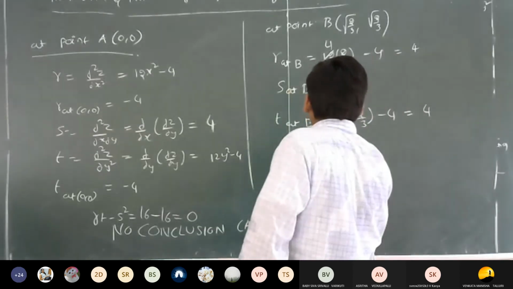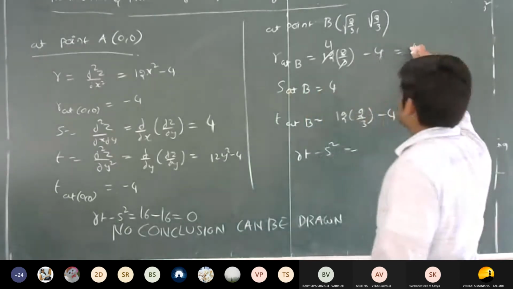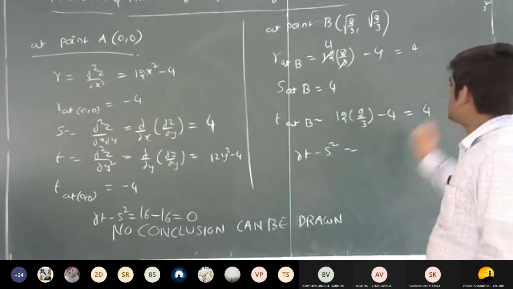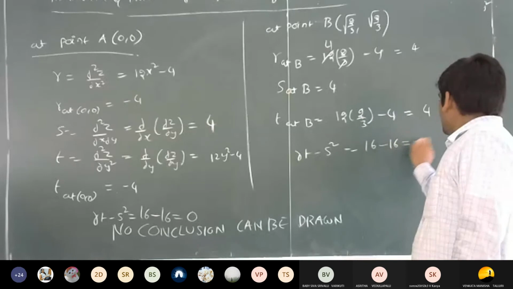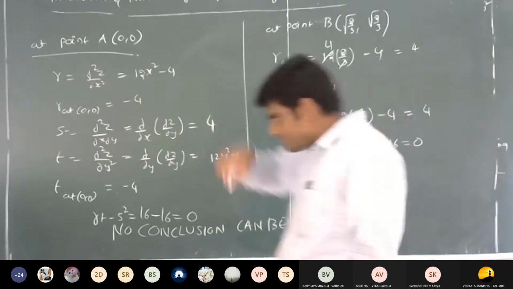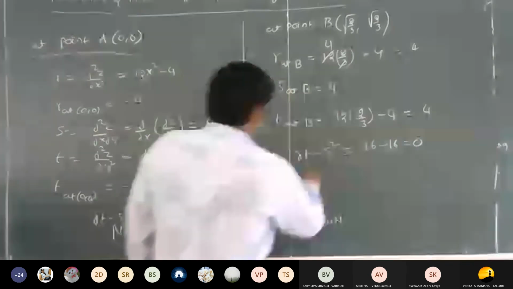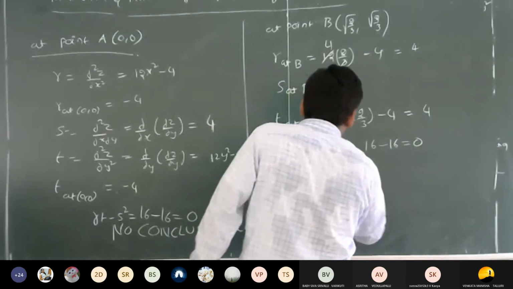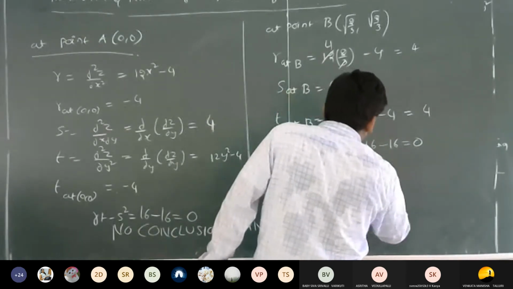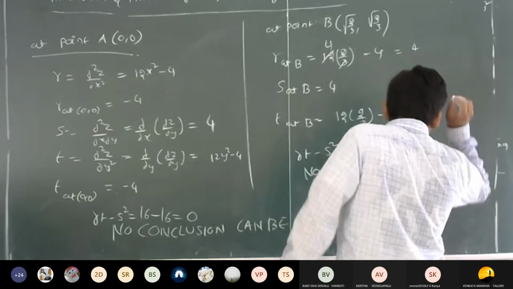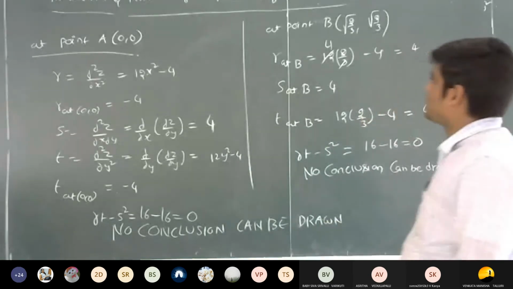Now rt minus s²: rt is 4 into 4, 16, minus 16. This is also 0. So here also no conclusion can be drawn, same reason.